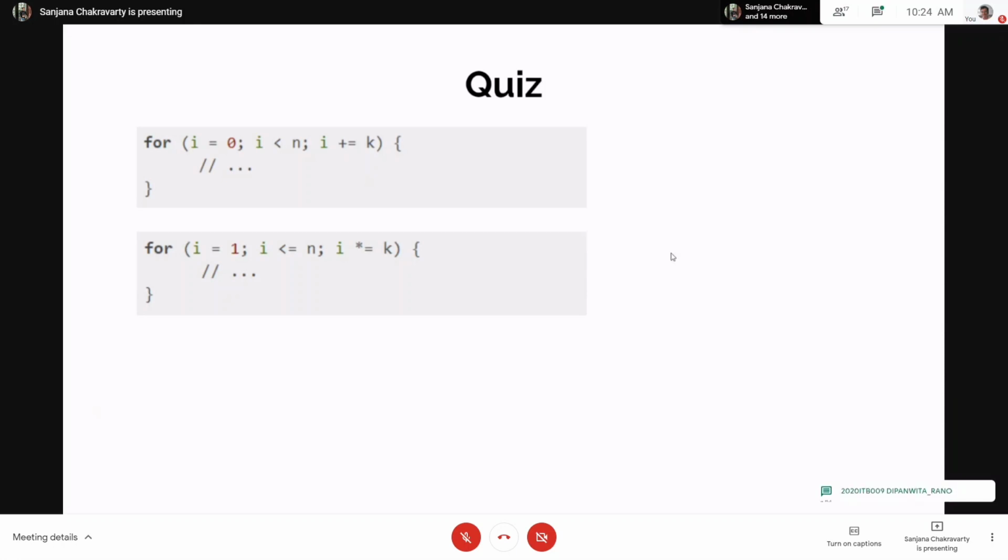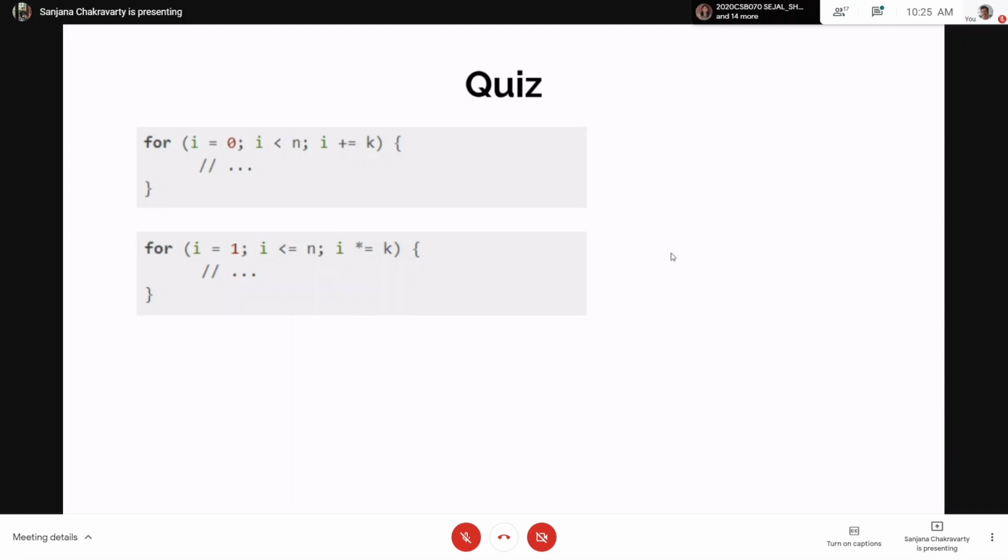Any guesses? We have root to the power n to the power of 1 by k, n by k factorial. No. Any other guess? Anyone else? Log value. Yeah, it is log of n.